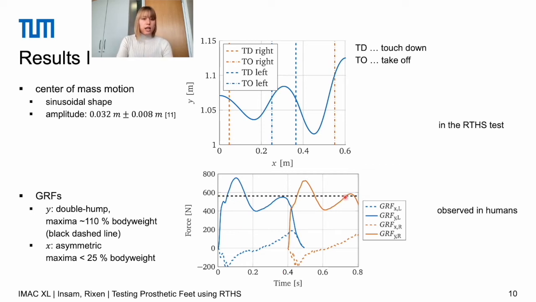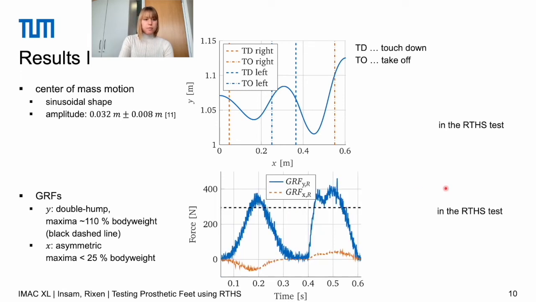And the black dashed line here represents the body weight. In our RTHS experiment, the results look as is shown here. So the overall force profile looks pretty similar. However, the minimum between the force humps in y direction is very low, and we can see a steep initial rise of the force in the second portion here.